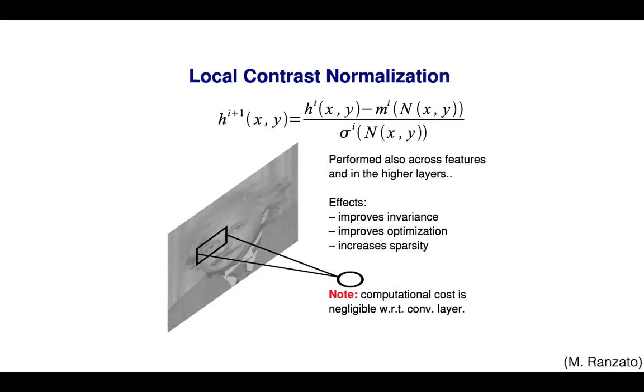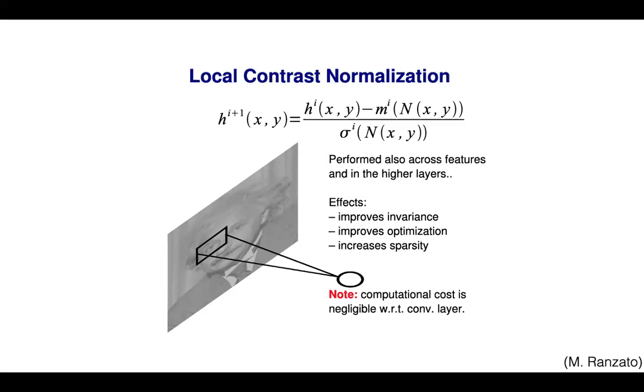And this even has an effect not just for the initial image itself, but for the features also, because we do local contrast normalization across all the features, even at the higher layers of the convolutional neural network. And this, in a way, is a way to do a regularization of the process and improves invariance, improves optimization, and increases sparsity, right?